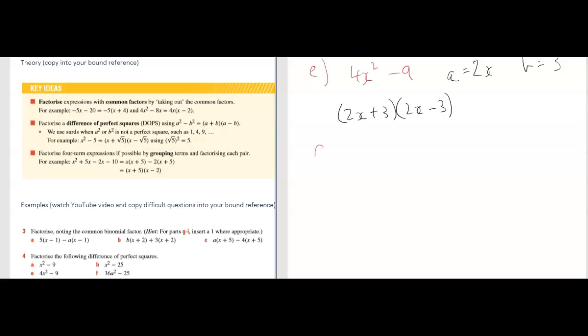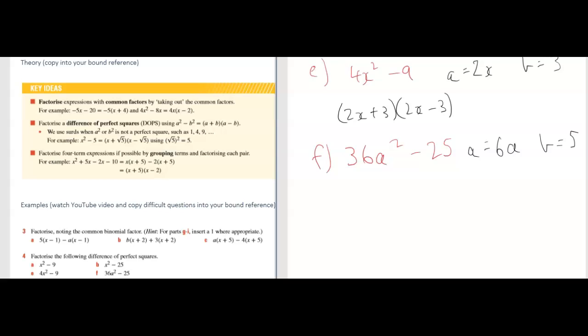Now, f is quite similar in that we've got a coefficient of a squared, but it's the same thing. Identifying a, which is the square root of this first term, so the square root of 36 is 6, the square root of a squared is a, and then b is going to be the square root of 25, which is 5. I just noticed that we've got two a's, so the question itself had an a, and we use a in our formula.